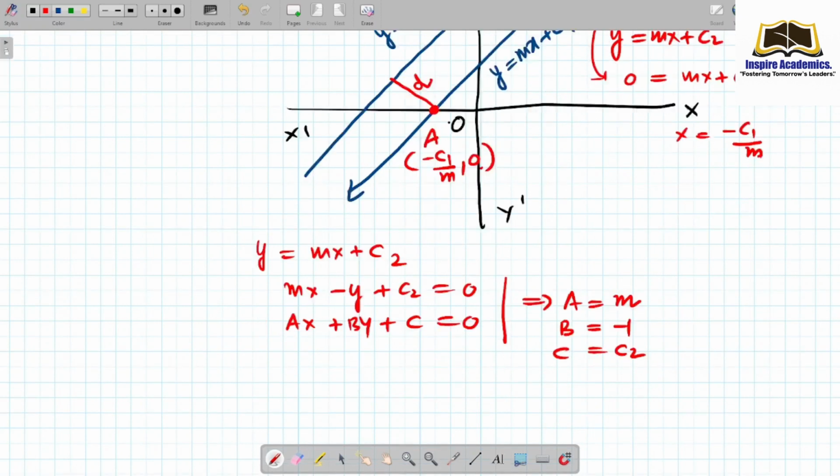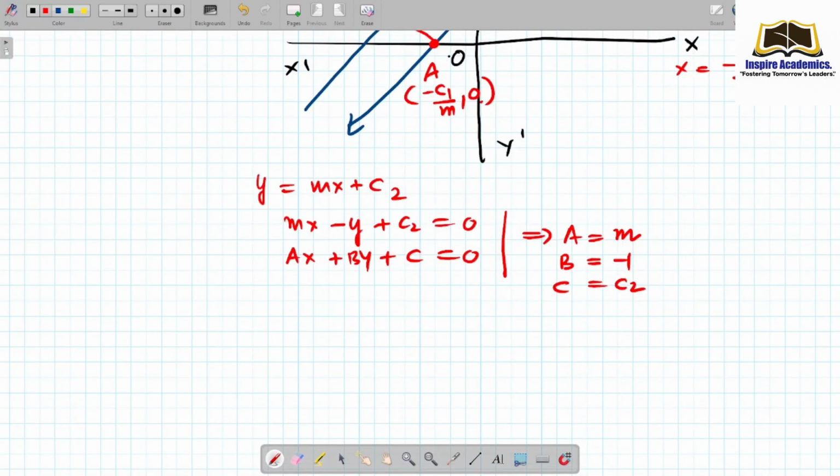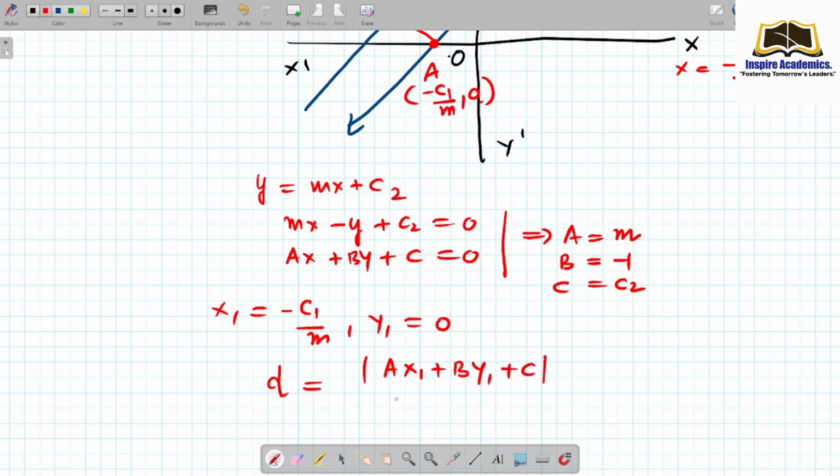And what is your x1 and y1? x1 is negative c1 upon m and y1 is 0. And the formula for D is mod of ax1 plus by1 plus c upon under root a square plus b square.